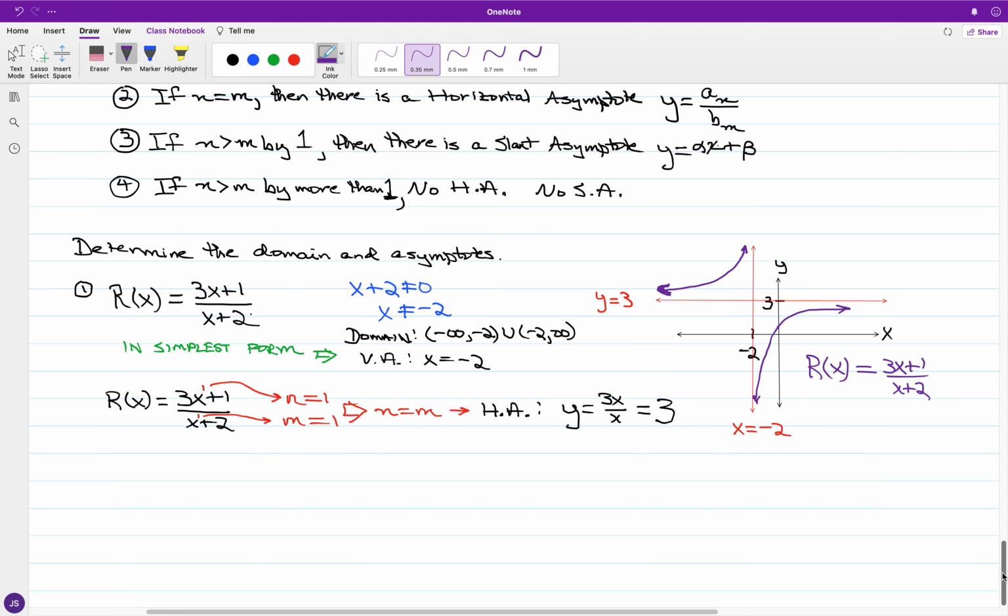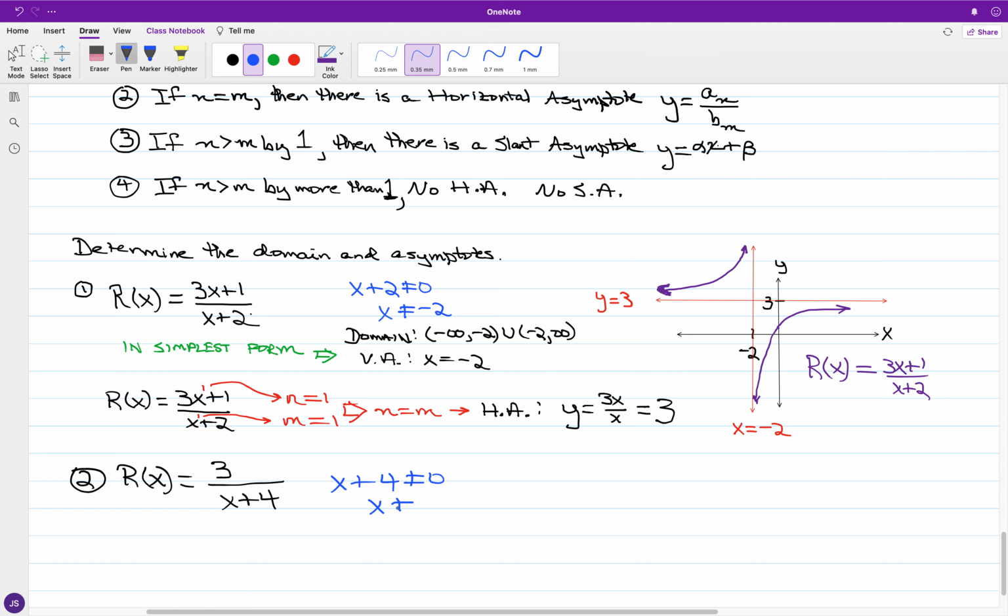Right. Now another situation, and this rational function is already going to be in simplified form. So we have r of x is equal to 3 over x plus 4, and again, x plus 4 cannot be 0.